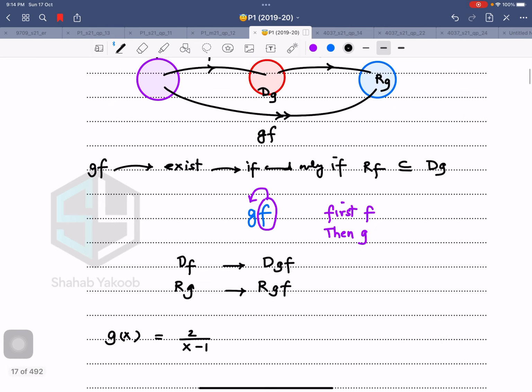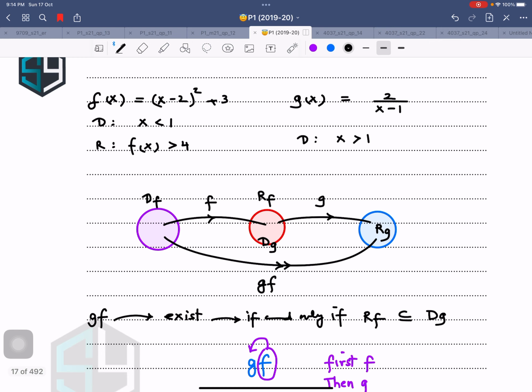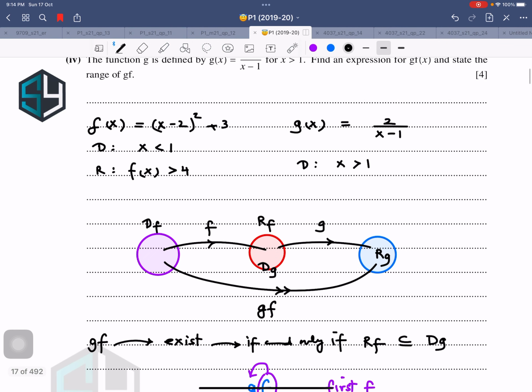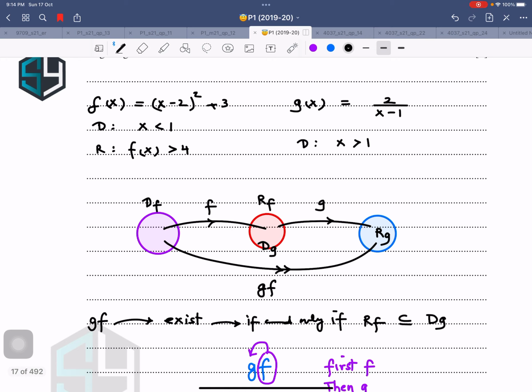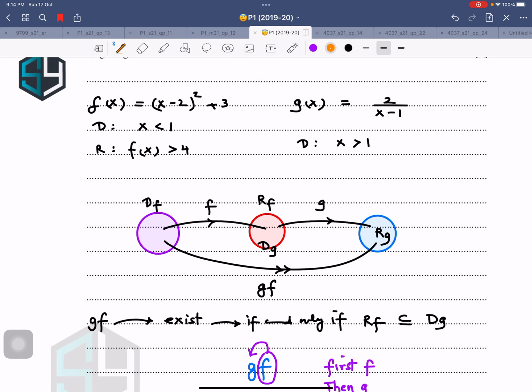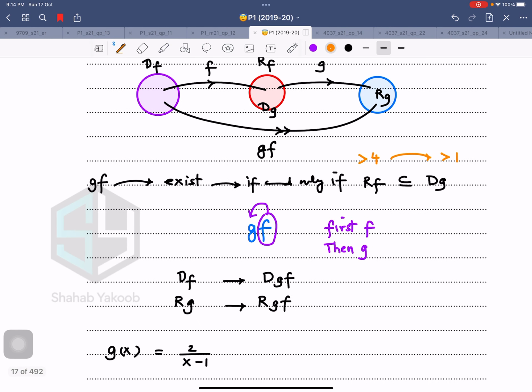But what domain will you put in? The domain of g is given as x is greater than 1. But in order for this to exist, the range of f, which is this one, greater than 4, is a subset of greater than 1. Does it make sense?